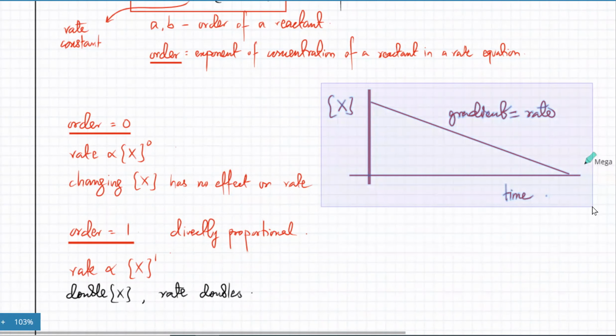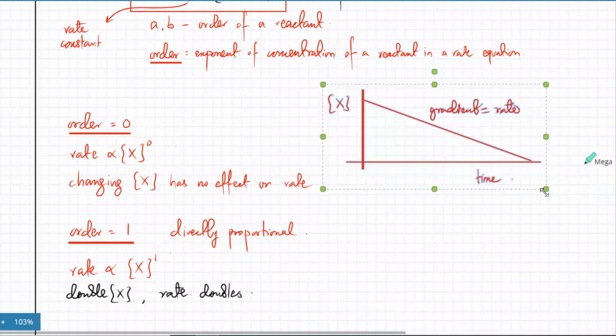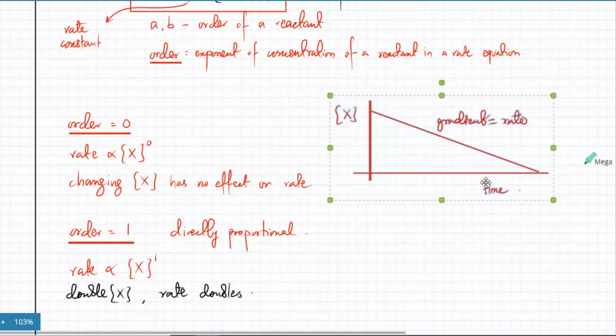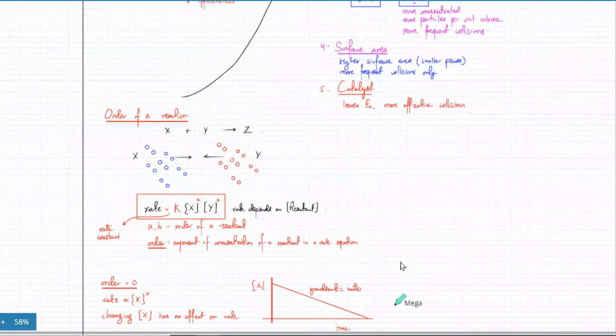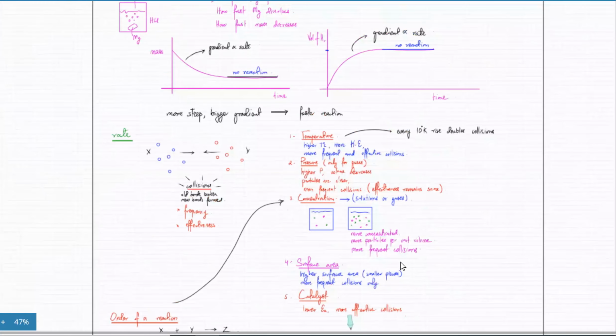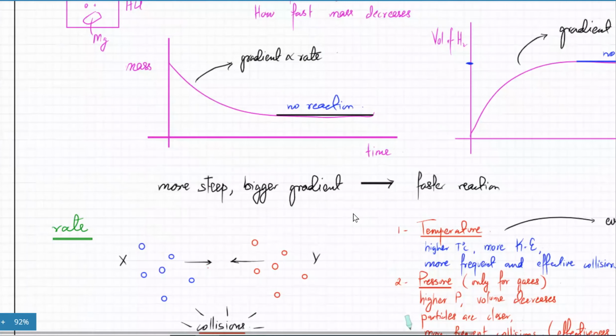Normally overall reactions are never zero order. Reactions always slow down because the reactants get used up, so the frequency of collisions decreases and the reaction keeps on slowing down. So normally the graph would be steeper in the beginning, then it would slowly slow down and come to a stop.